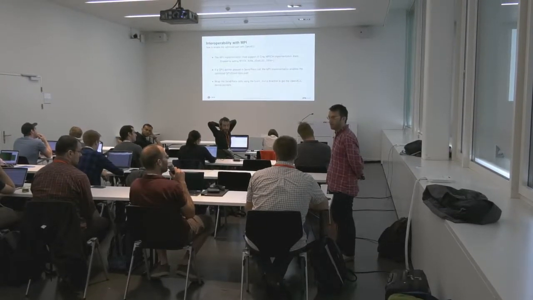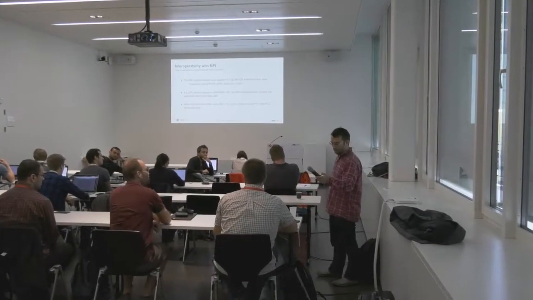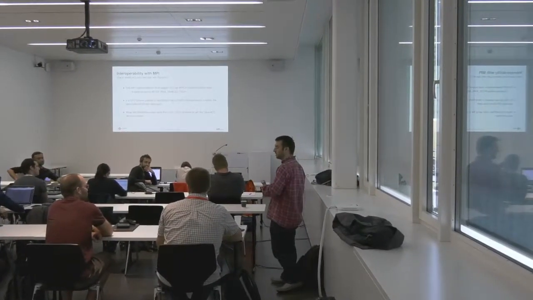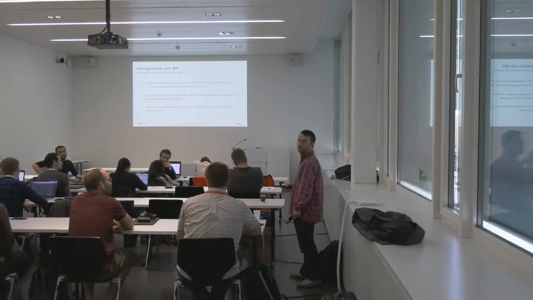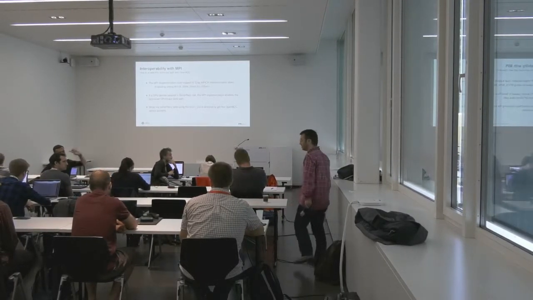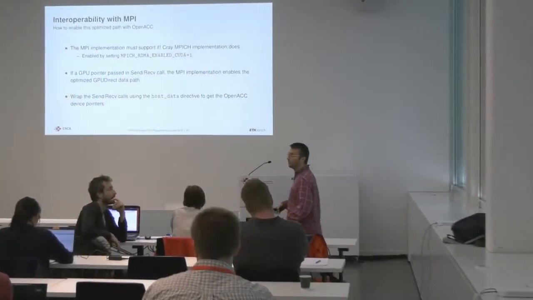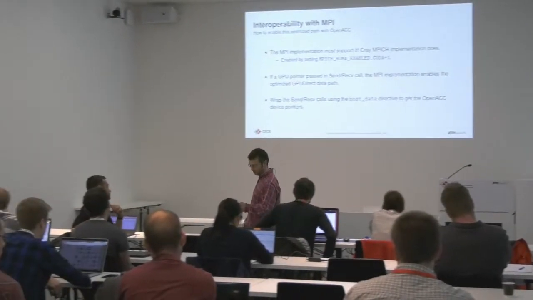Yes, that's exactly it. It's still the classical way. If you pass a CPU pointer to the send and receive calls, then it will do just what it used to do. You just make it recognize GPU pointers and enable this path.